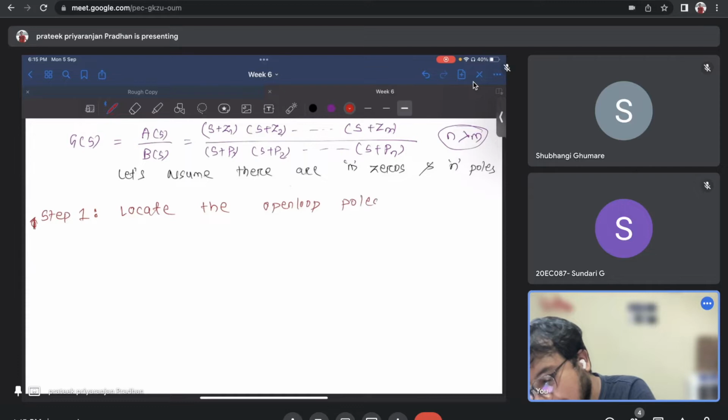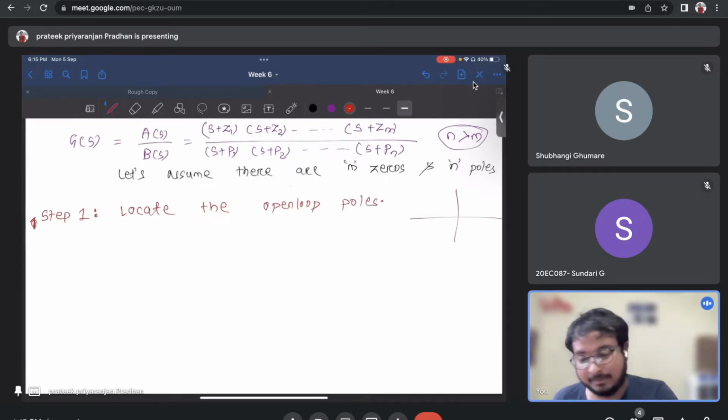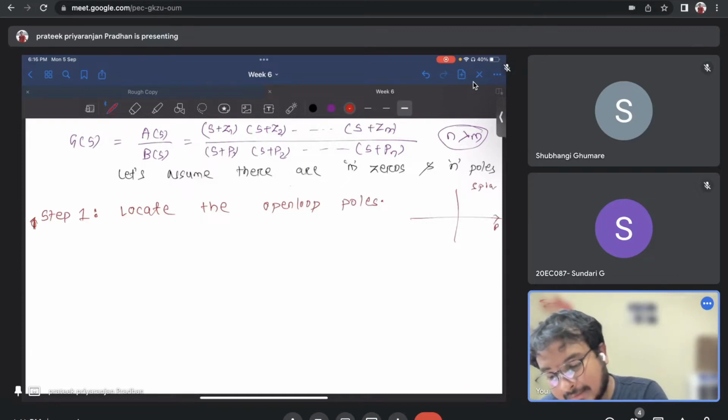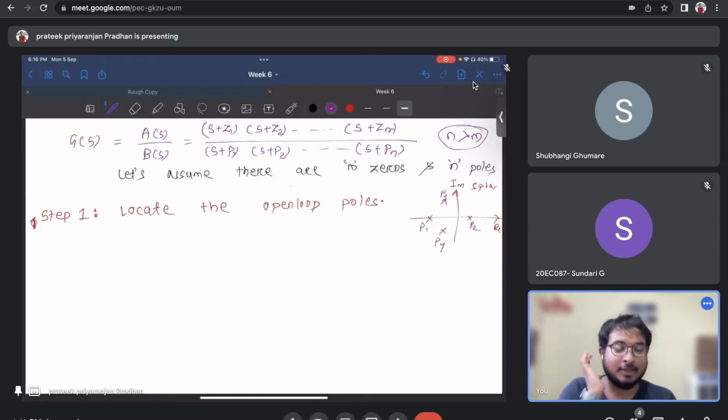This is the s plane, this is the real axis and this is the imaginary axis. So first locate the open loop poles. That means this is P1, this is P2, this is P3, this is P4.